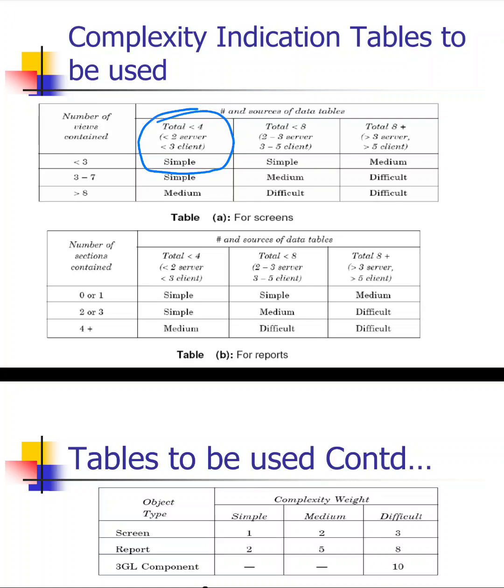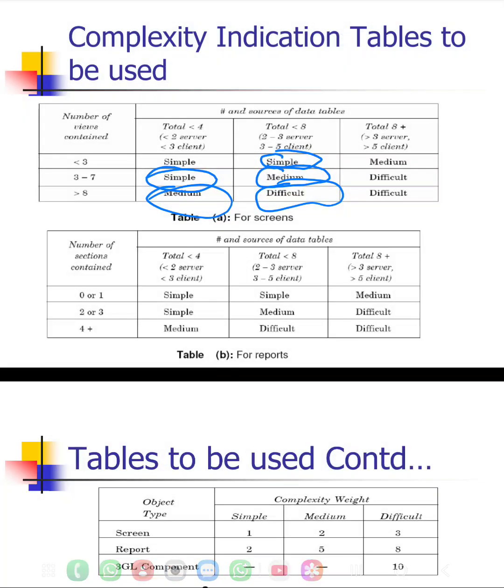If the number of views is between 3 and 7, it will be considered simple if the total is less than 4. It will be considered medium if the number of views is greater than 8. Then if the total is less than 8 and the number of views is less than 3, simple. Number of views between 3 and 7, medium. Number of views greater than 8, difficult.